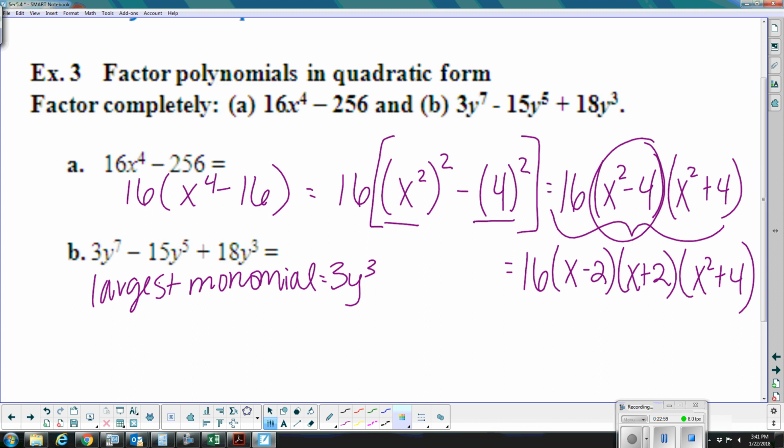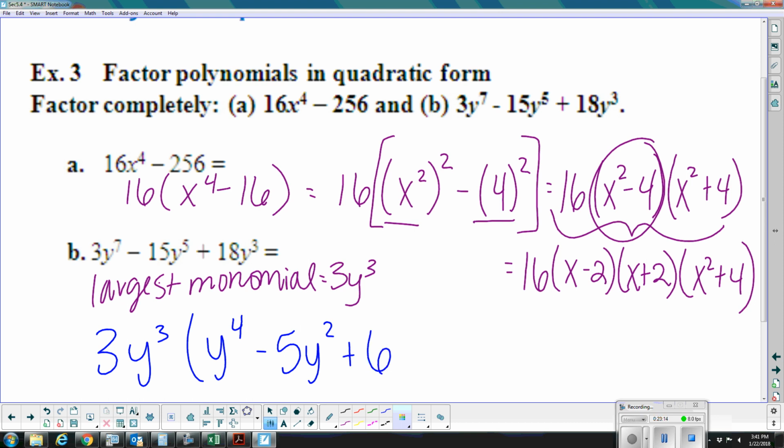So let's first factor out 3y cubed from each term, and we end up with y to the fourth minus 5y squared plus 6.